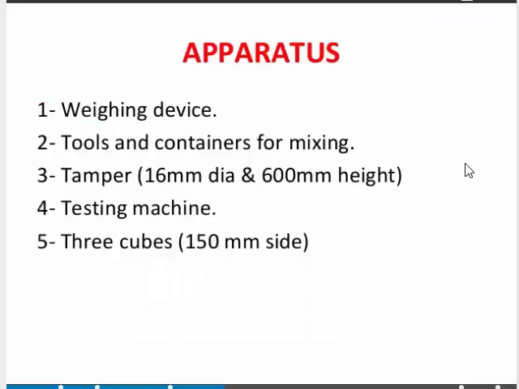Then, if we are talking about apparatus: a weighing device to weigh the different ingredients of the concrete, and tools and containers for mixing, since we need to mix those ingredients. Then a tamping rod, 16 mm in diameter and 600 mm in length. Then a compression testing machine. Then cubes of 150 mm size.